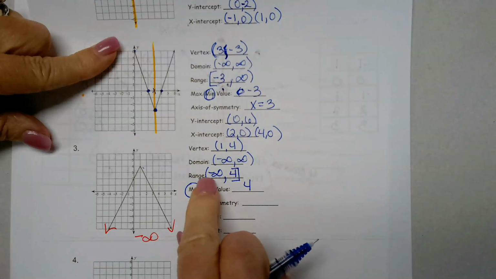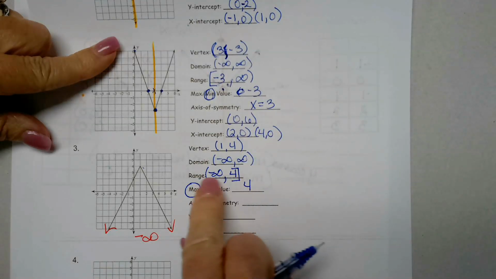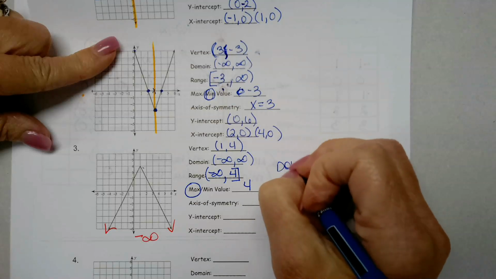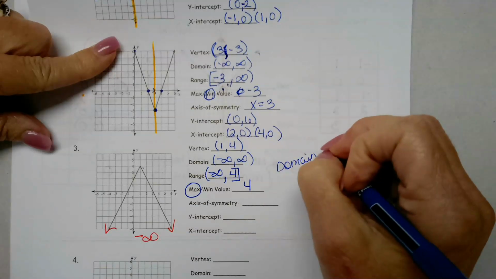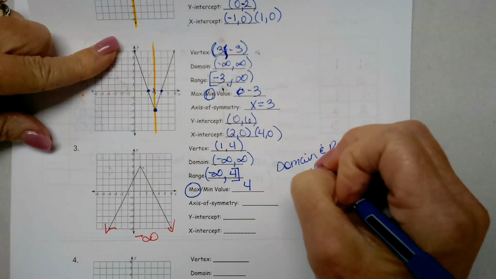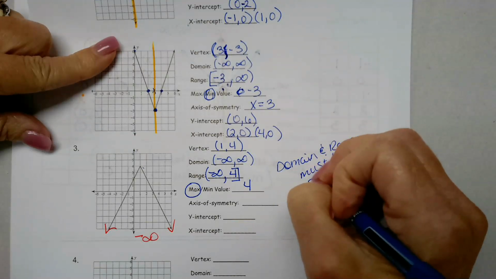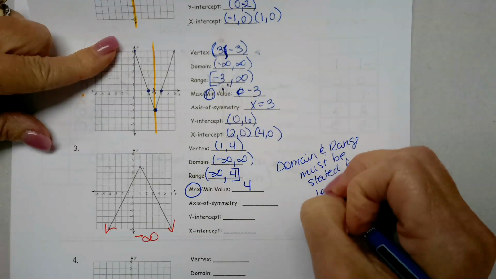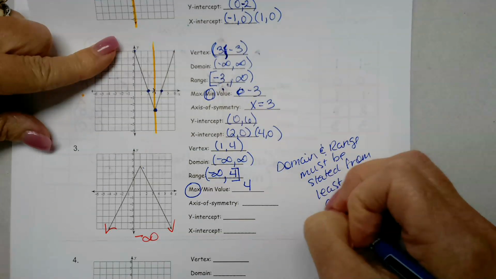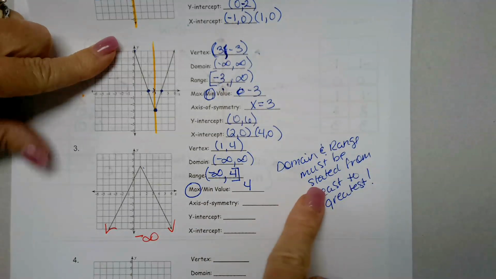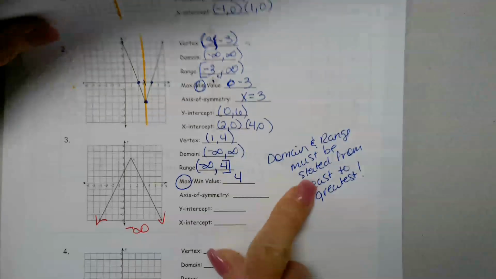It has to be -infinity to 4. It must go from least to greatest. So state out here your domain and range must be stated from least to greatest. Okay, that is super important.